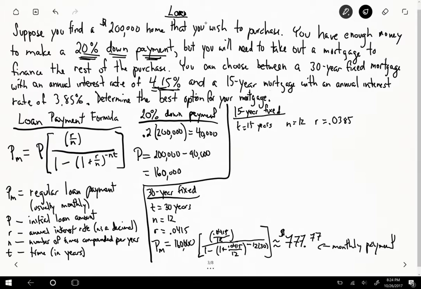Okay, and then now we can plug it into our formula. P sub M equals, so this is our monthly payment. Once again, we have the 160,000.